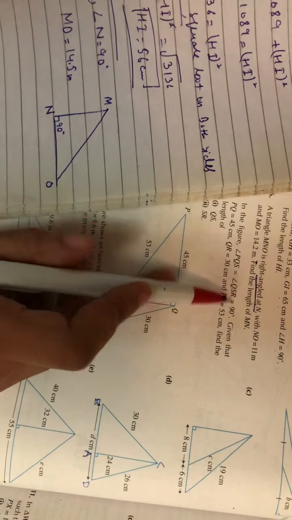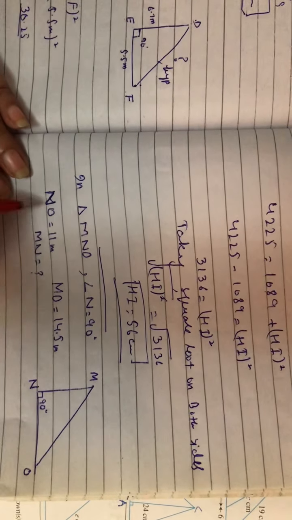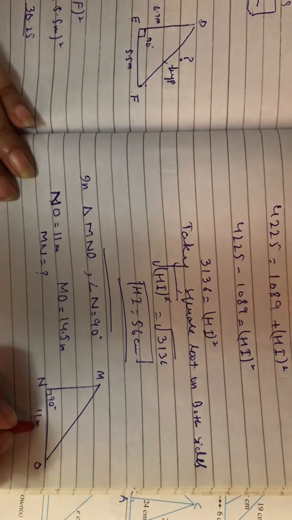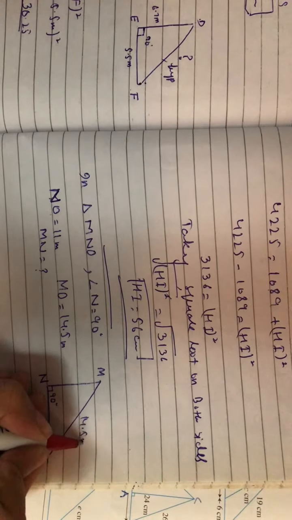Now we find the length of MN. Where is NO? This one is NO, 11 meter, and MO equals 14.5 meter.